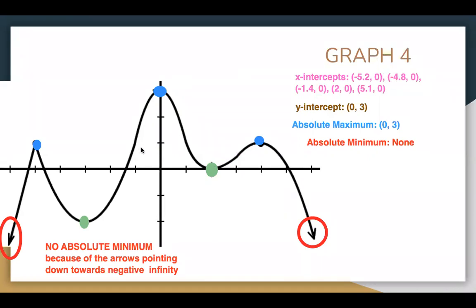We have maximums at -5, 1, 0, 3, and 4, 1. And these are all of our relative maxes.